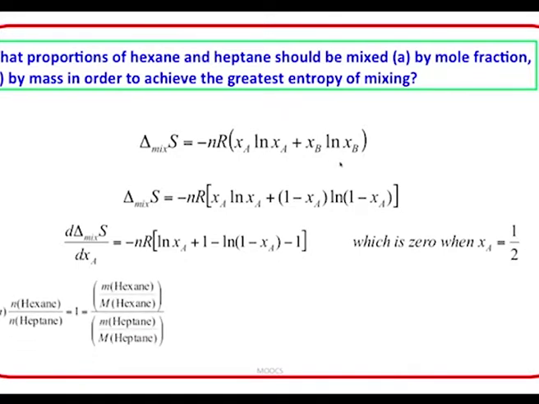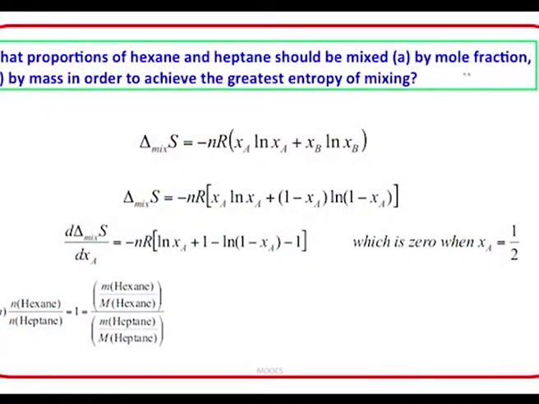So what is the answer? We can get delta S mixing, which will be maximum. But the question is, by mole fraction, what proportions of hexane and heptane should be mixed? So I want to know the ratio of the mole fractions of hexane and heptane.